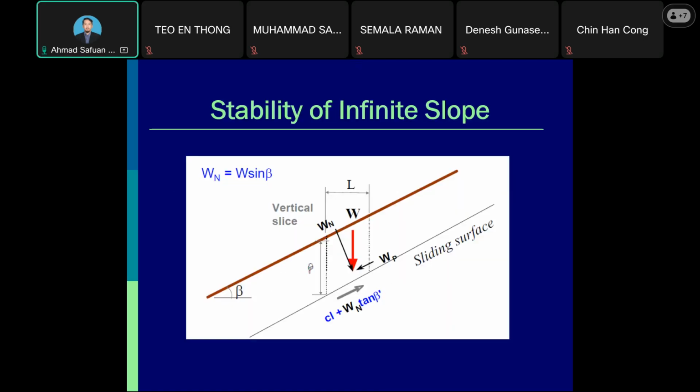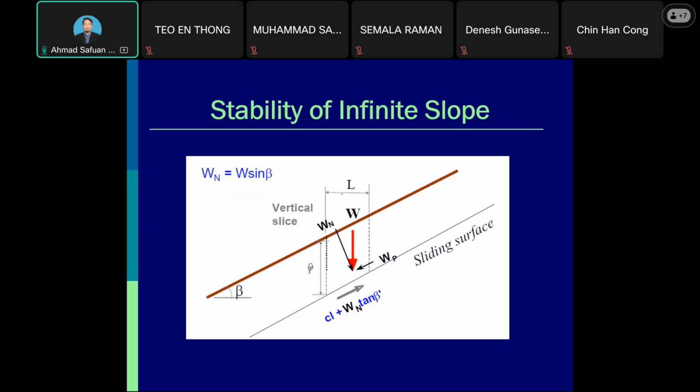We examine one layout of an infinite slope. Then we assume this is a weak soil layer.